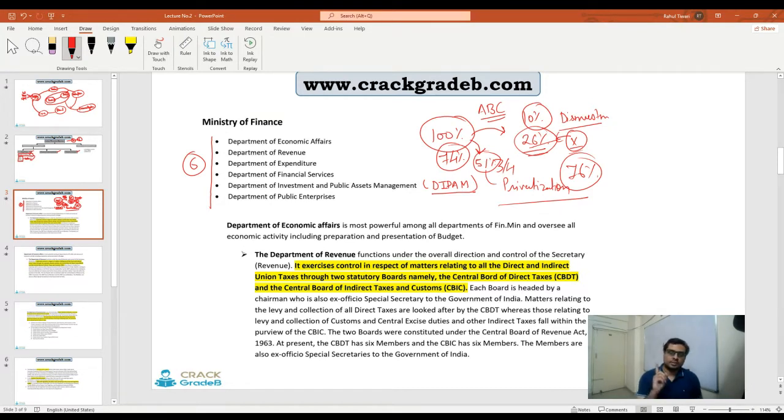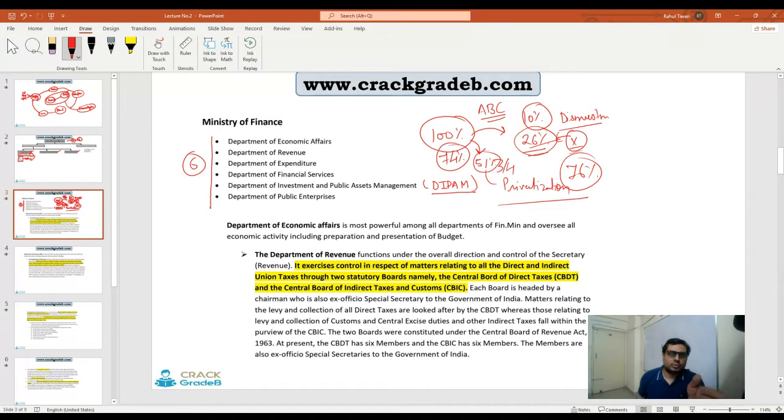So, three terms: strategic disinvestment, disinvestment, and the third one is privatization. If you lose your majority by selling shares, it is privatization. If you sell some shares but not below 51%, that is disinvestment. And when you sell some shares with a particular objective, like we want to change the management or make management more efficient, then we can call it a strategic disinvestment.